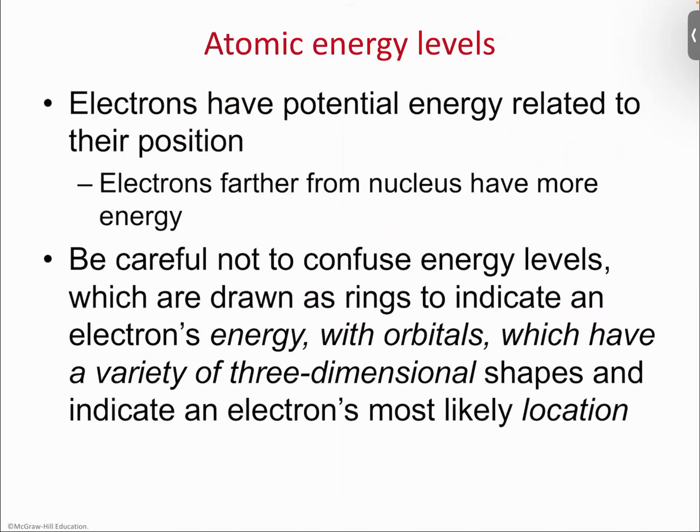Okay, so let's focus in on this energy idea. This entire slide encapsulates what I've been talking about the entire time. We have the Bohr model, which is schematic, and then we have the spatial situation, and those should not be confused.